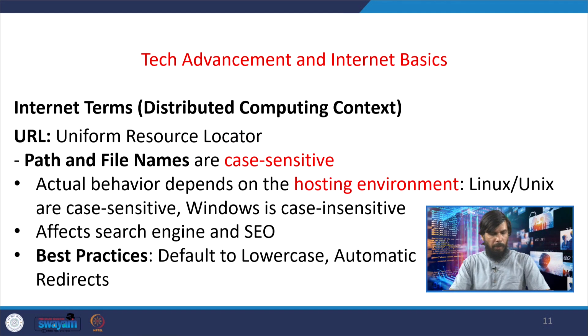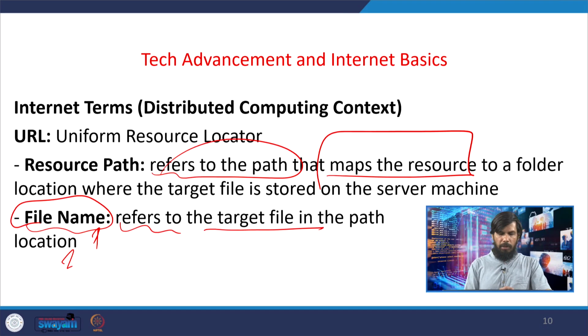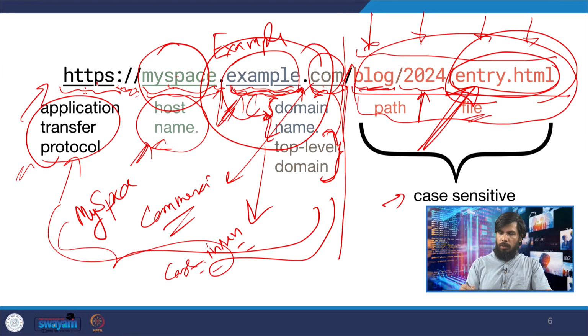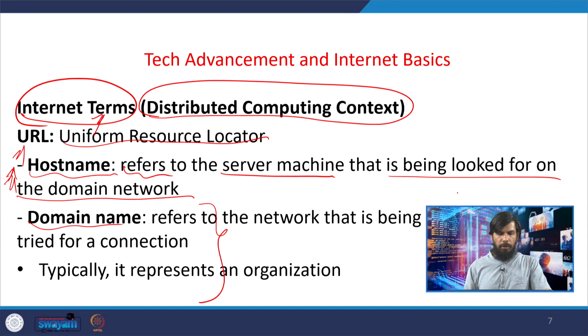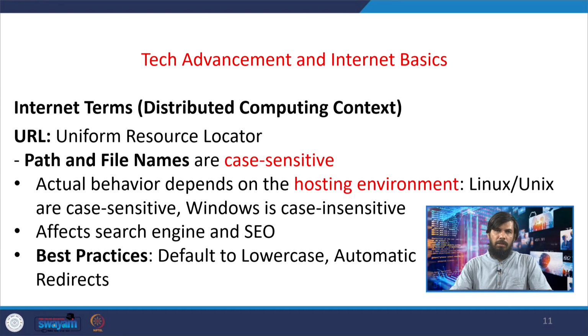Now if we come to the path and file names, as we said, these are case sensitive. Path and file names are case sensitive, but the actual behavior here is slightly different. The actual behavior depends on the hosting environment, because essentially these files are stored on some machine, and that machine is running some environment which might have a Linux, Unix or Windows operating system.